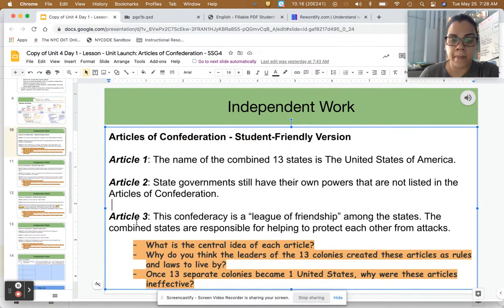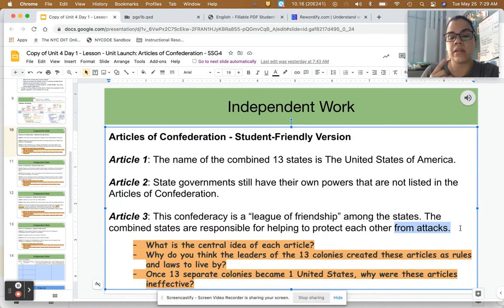Okay. Article 3, the Confederacy is a league of friendship. So they are all in this friendship club, right, among the states. The combined states are responsible for helping to protect each other from attacks.